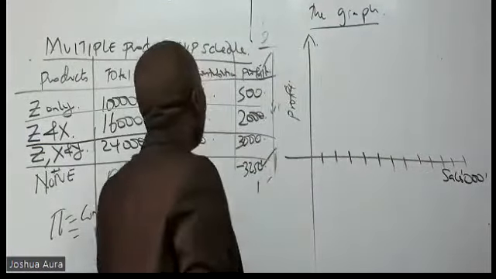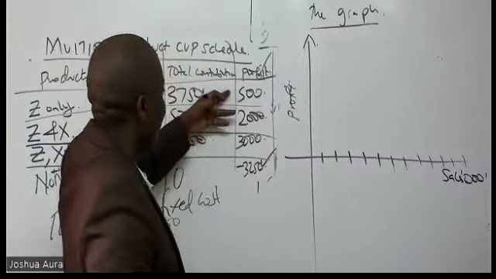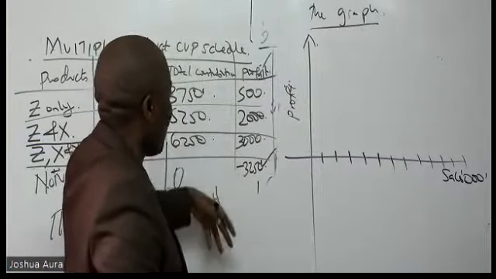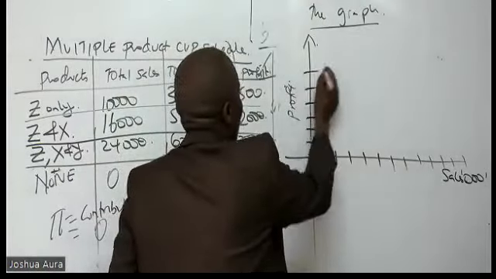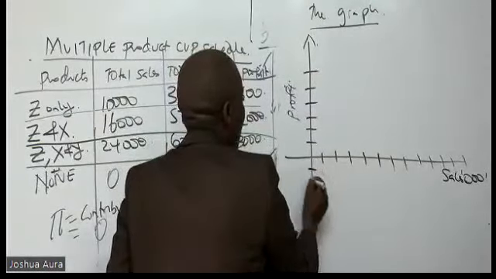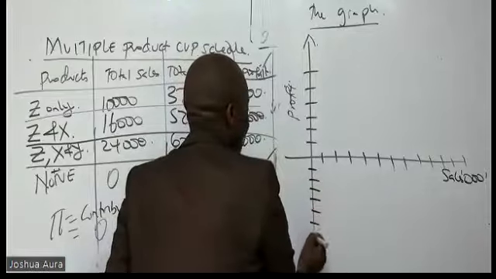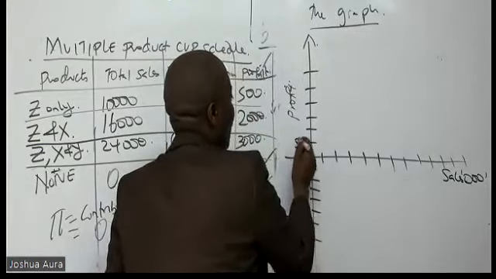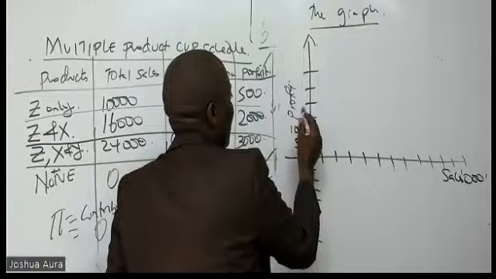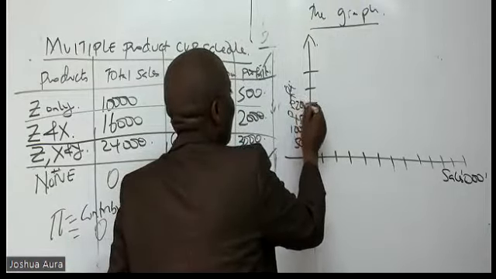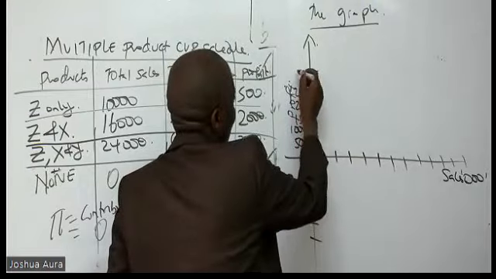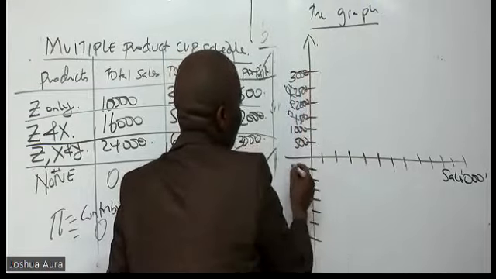Right, and then I have the profit. I can see 500, the 3,000 positive, 500 will do. So 1, 2, 3, 4, 5, 6 to go to 3,000. I have to add another one there. So 500, 1,000, 1,500, 2,000, 2,500, 3,000.